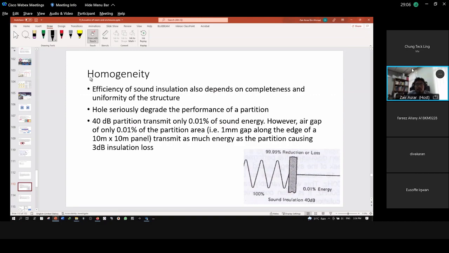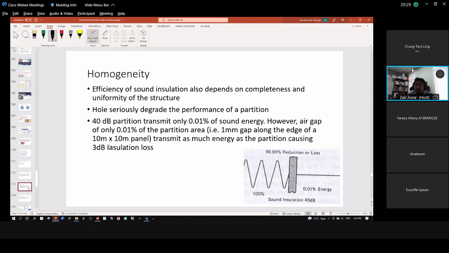Imagine a very small gap at the hole could reduce the performance of our partition. Let's say we have a 1 millimeter gap, 1 millimeter only, along a 10 by 10 meter panel.